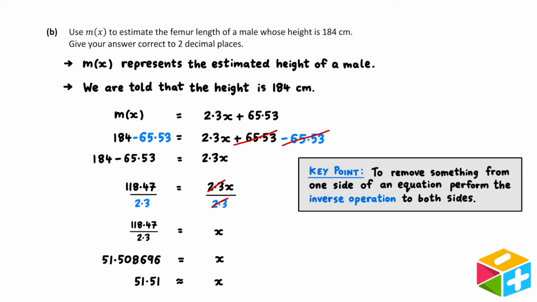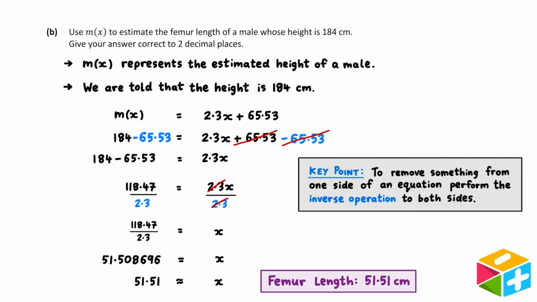Rounded to 2 decimal places, we found that x is equal to 51.51. Here, x represents the femur length, which was measured in centimetres. So our final answer is that our estimate for the femur length is 51.51 centimetres.